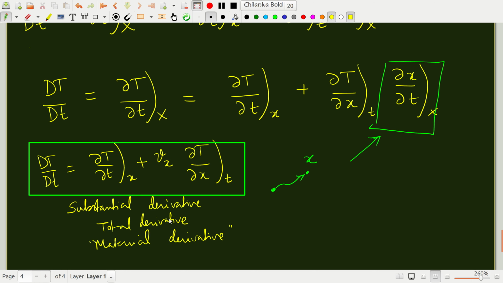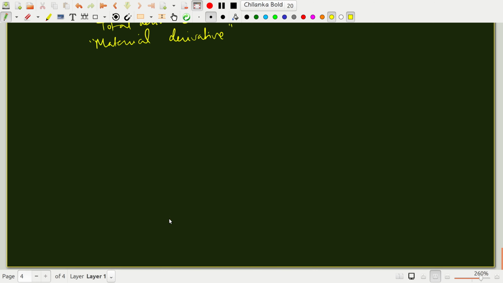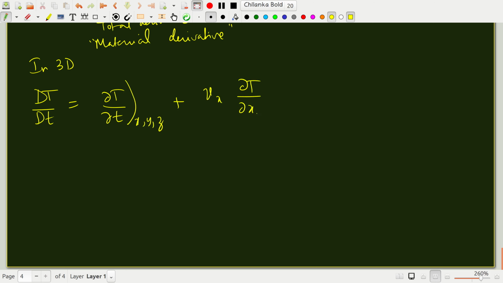Okay. Now I can also generalize this to 3 dimensions. I've illustrated this for the sake of simplicity in 1 dimension. So the substantial derivative in 3 dimensions is given by partial T partial time at constant x, y, z plus vx partial T partial x plus vy partial T partial y plus vz partial T partial z. Okay, so let me write this more carefully.